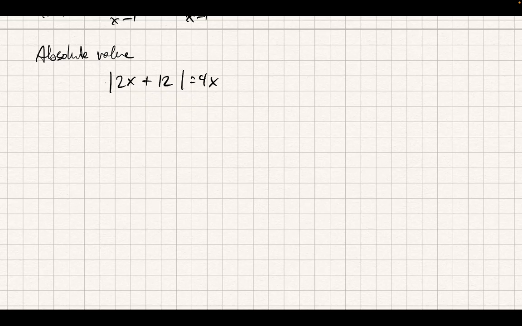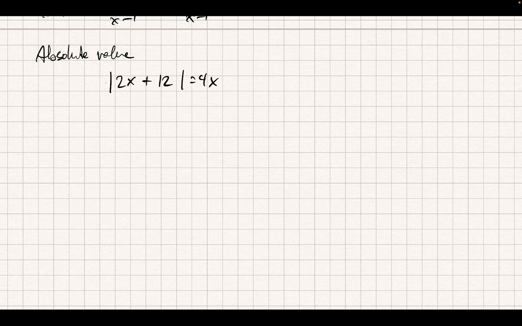So I thought when something is in the absolute value, it can't be negative, right? I want to clarify, the absolute value does not mean that whatever's inside has to be positive. It means that whatever's inside becomes positive because of the brackets.